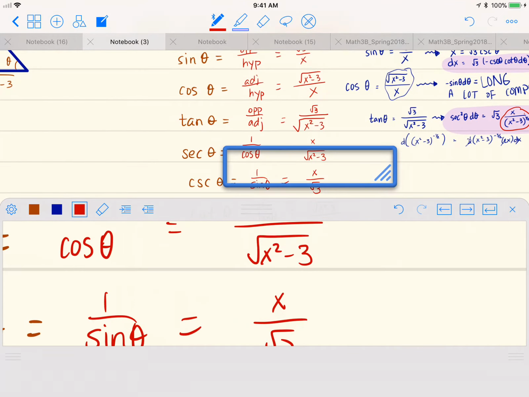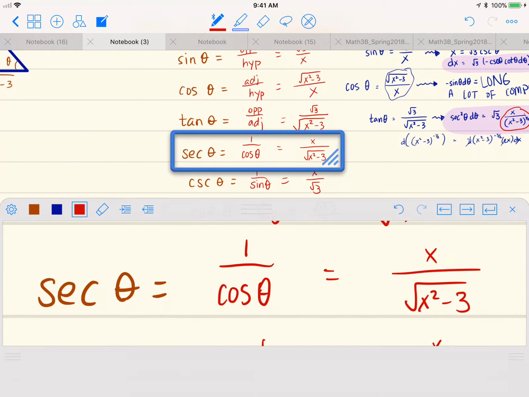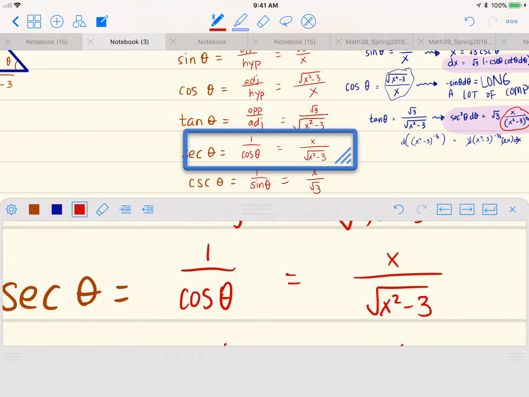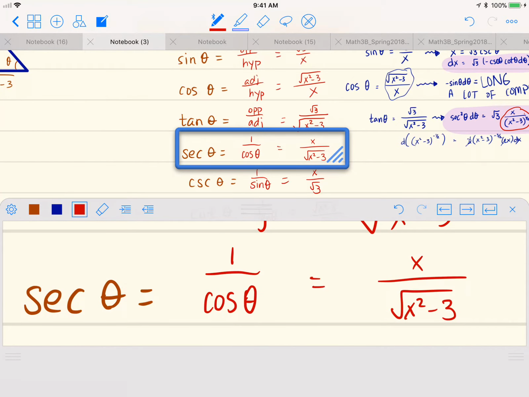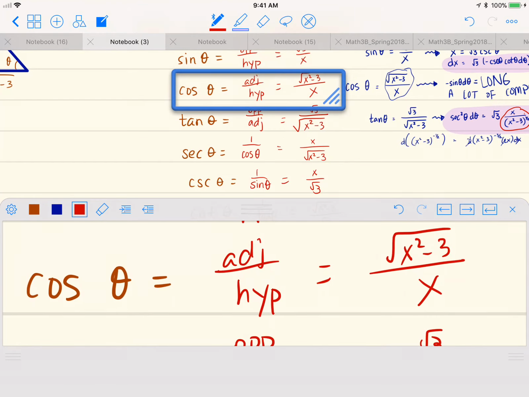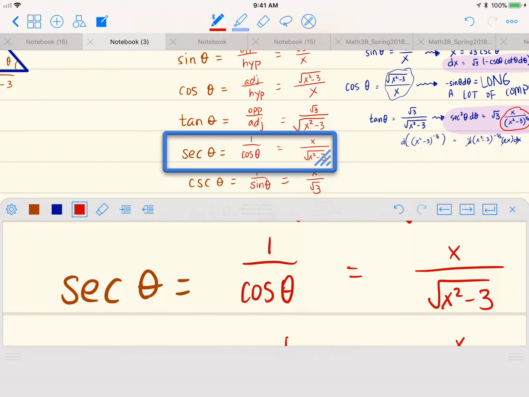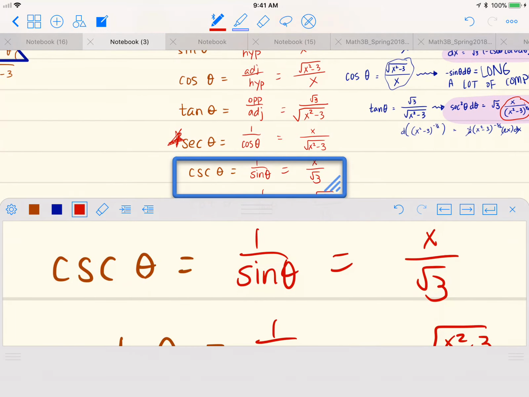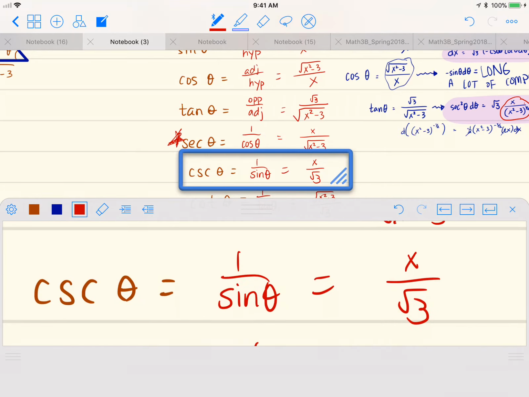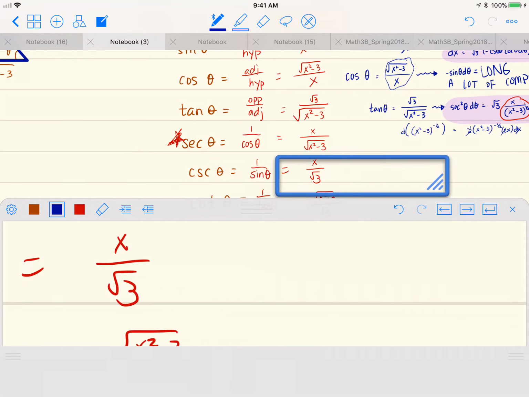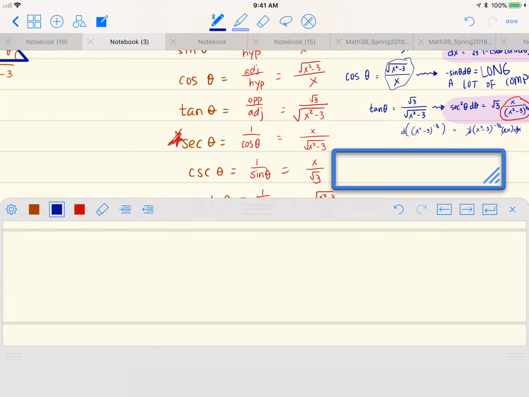Notice over here, if we look at secant theta equal to x, this one is going to be long and complicated, just like cosine is, right? So secant and cosine, too long. We're going to skip over it. What about the cosecant? Do you see how this one is nice and easy? So for cosecant theta, we've got cosecant theta equals x over root 3. This one is lovely.